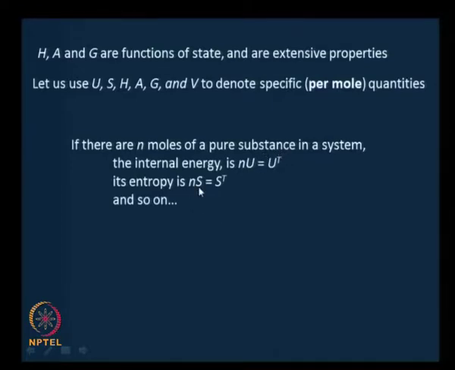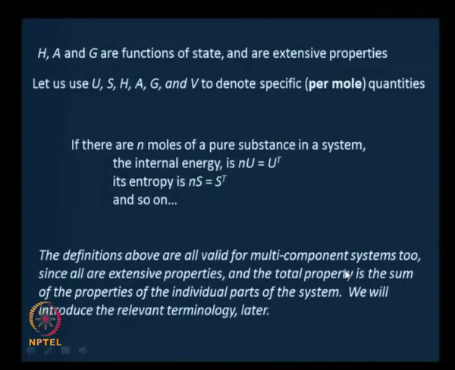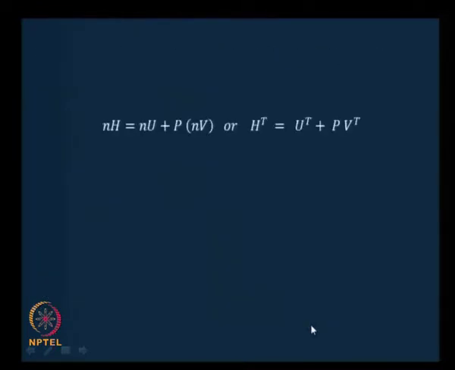Its entropy is ns, the number of moles times molar entropy, or St and so on, and the definitions above, Ut, St and so on, are all valid for multi-component systems too, since all are extensive properties, and the total property is the sum of properties of the individual parts of the system.